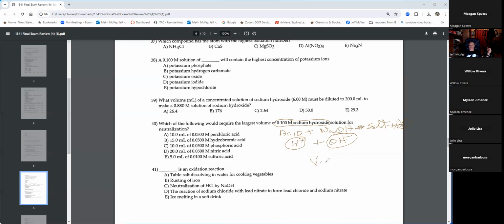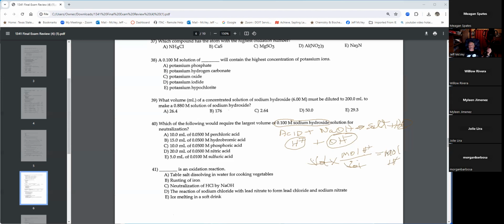And here's what you need to remember. Volume times molarity. And molarity is, in this case, since these are all acids, moles of H plus over the volume of the acid. The volume will cancel, and that's going to give you moles of H plus. Volume times molarity equals moles. You need to say that like 10 times before you go to bed.